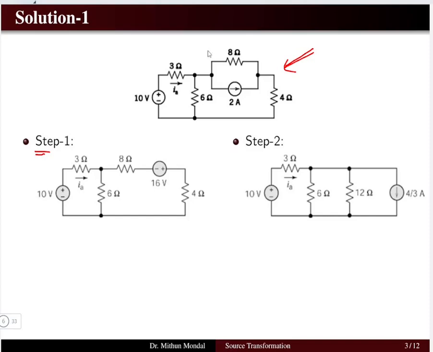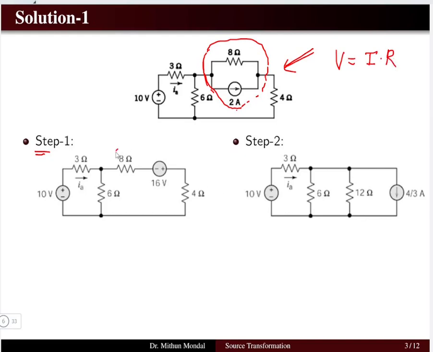I can see that I have a 2 ampere current source and an 8 ohm resistance which are in parallel to each other. Now I know that a current source can be converted to a voltage source in series with a resistance, where the voltage source magnitude will be the current multiplied by the resistance, and the resistance will be in series.